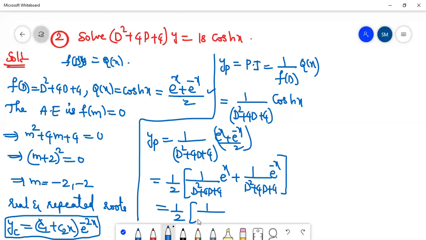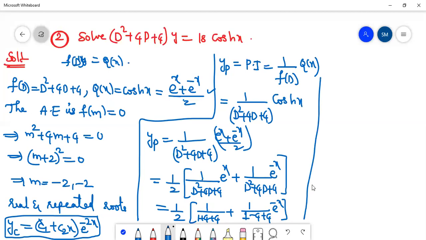Substitute D: 1 plus 4 plus 4, no 0. Why? Because the x coefficient is 1 and the x coefficient is minus 1, but in the complementary function the x coefficient is minus 2. So no coinciding with the yp function. In this, 1 by minus 1 whole square is plus 1, D into 4 into minus 1 is minus 4, plus 4 e power minus x.